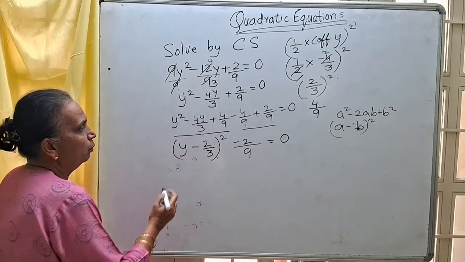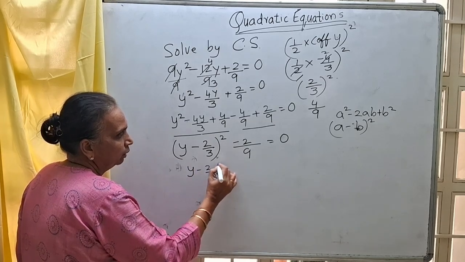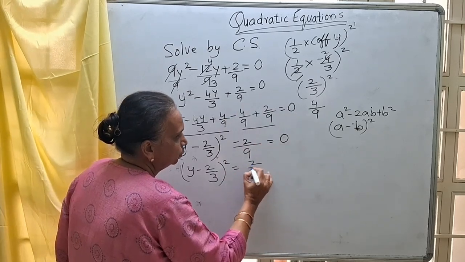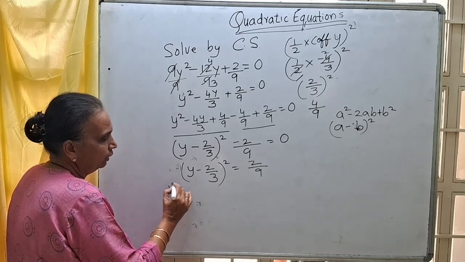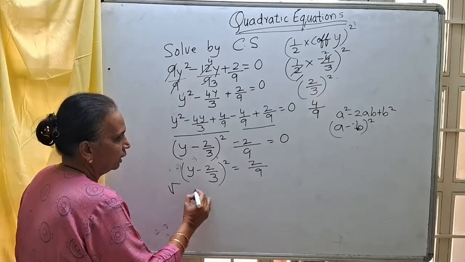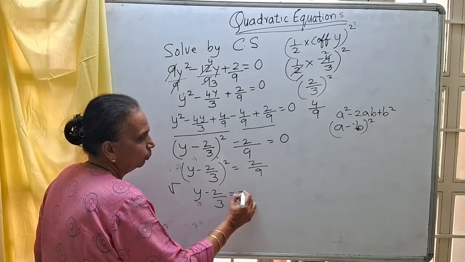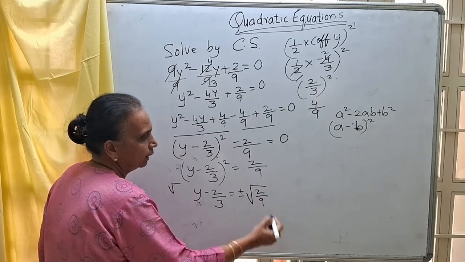Now variable on one side, number on the other side: this goes here, it will become plus 2 upon 9. Now to remove this square, you do the square root. So you are getting y minus 2 upon 3 is equal to plus or minus root of 2 upon 9.